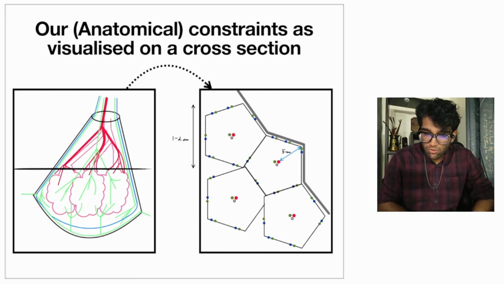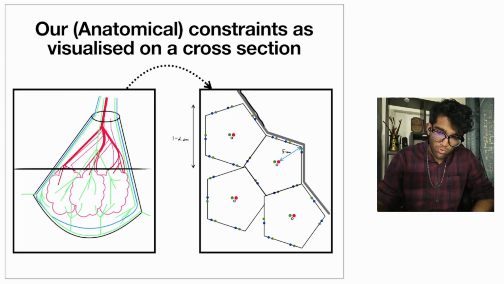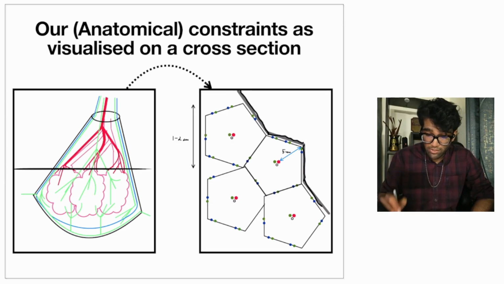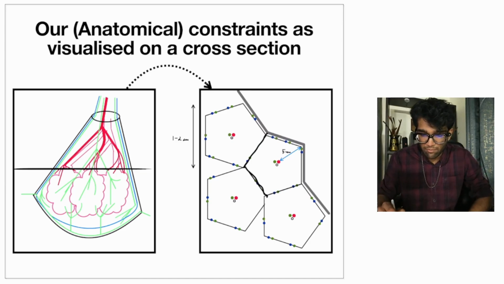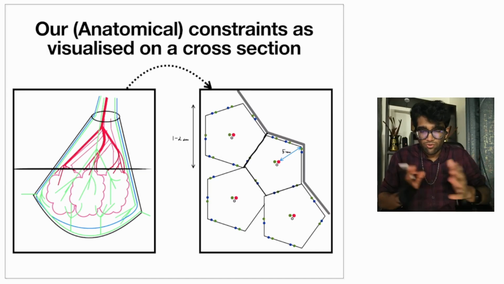The cross section would look like this. You can see this is the pleural membrane, or rather the interlobar septum, and the septae now form these polygons. I made them pentagons, but they can be polygons with any number of sides, usually 4 to 6.